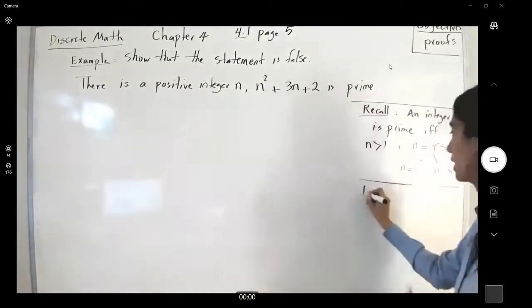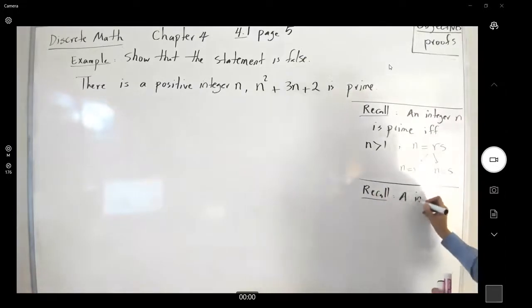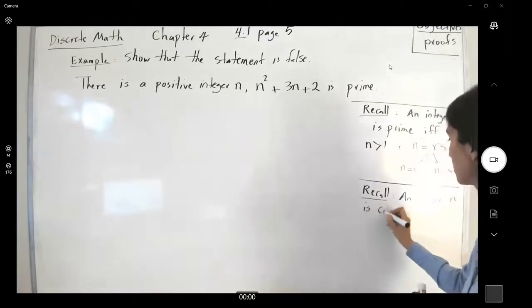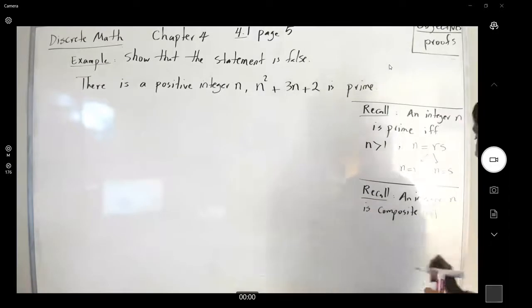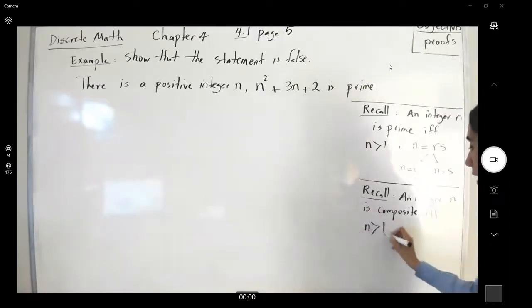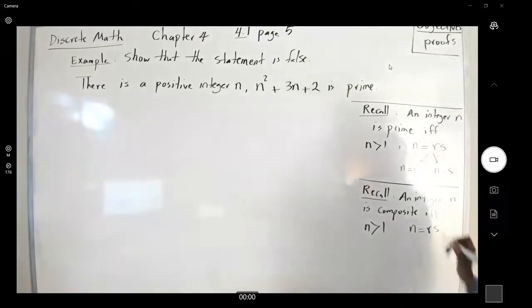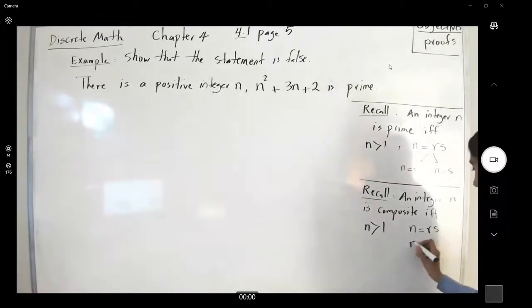Officially, we write it this way. We call an integer n composite if and only if n is greater than 1, and if you can write n as the multiplication of two other numbers, r and s, we have this condition: r is between 1 and n, and s is between 1 and n.